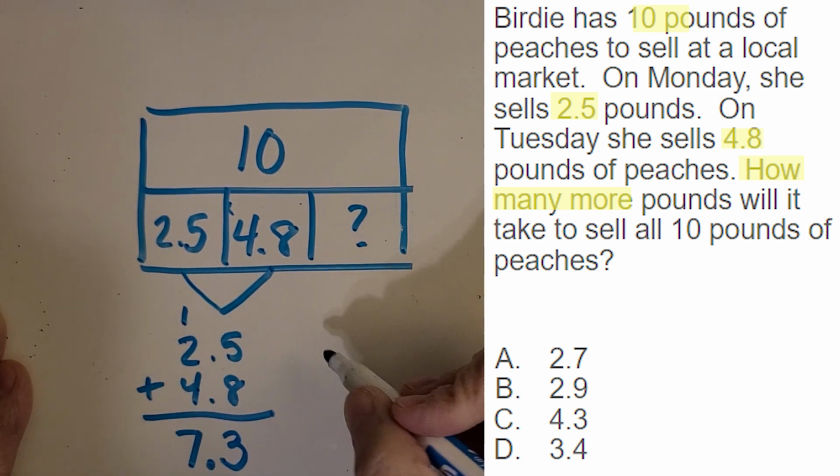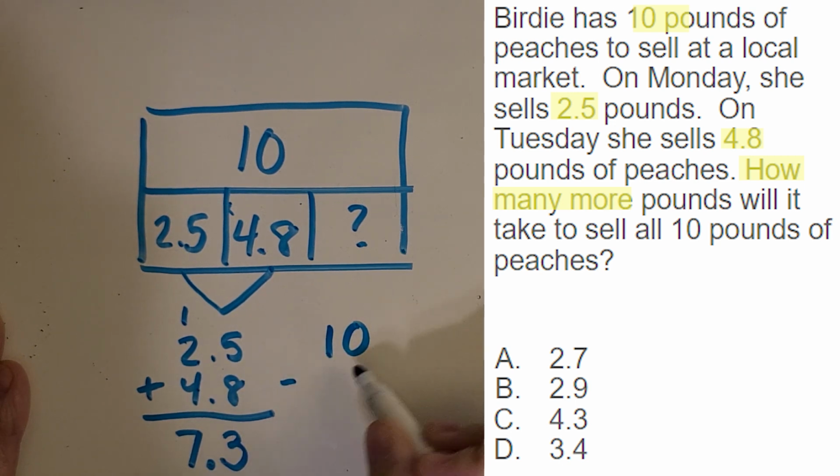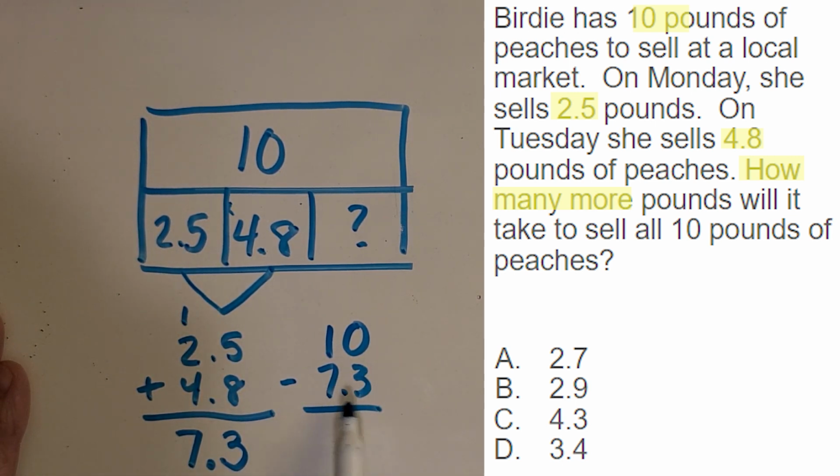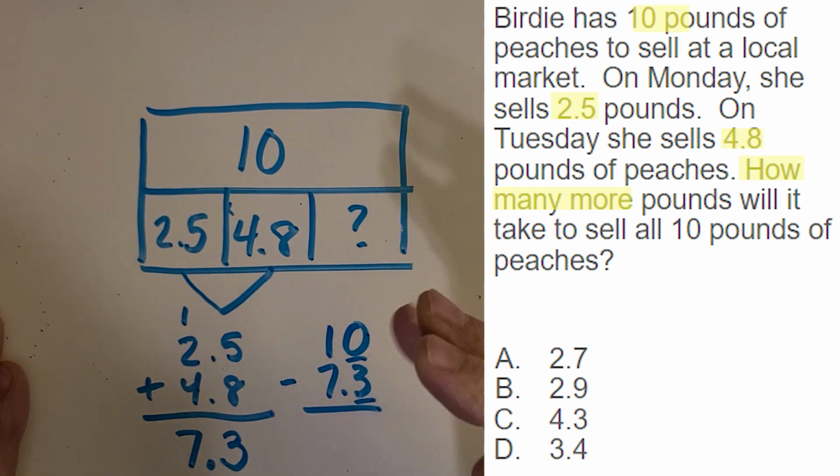So now, let me ask you this. Since we're going to subtract, can I do it like this? What do you think? Okay, so some of you are saying this is not lined up with the right place value. So for example, this is 3/10. This is a 0 in the ones place. So we don't want to do that.